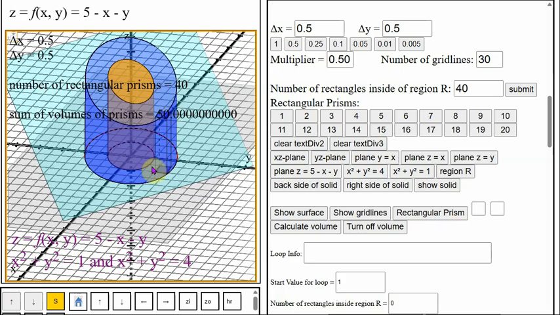And so this is when the length and the width of each rectangle is 0.5.